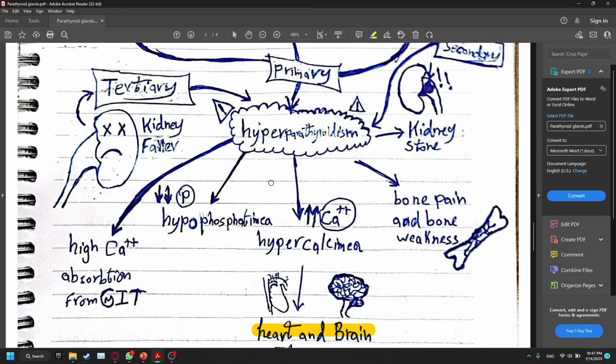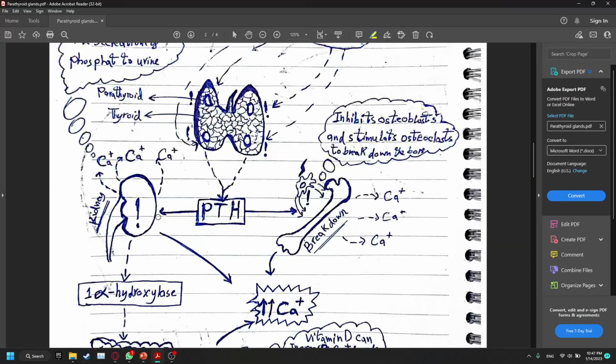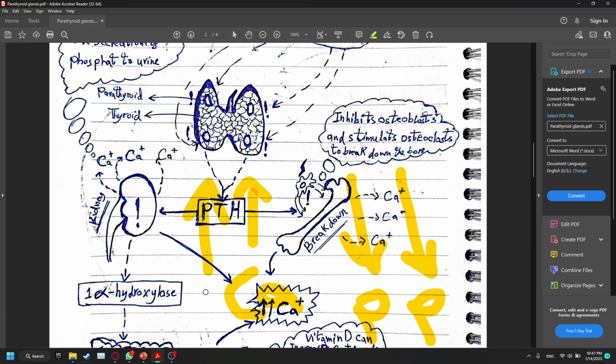So why hypophosphatemia? Remember when I said the kidney trades calcium for potassium, I guess, in the urine. It secretes potassium to increase the calcium in the body.